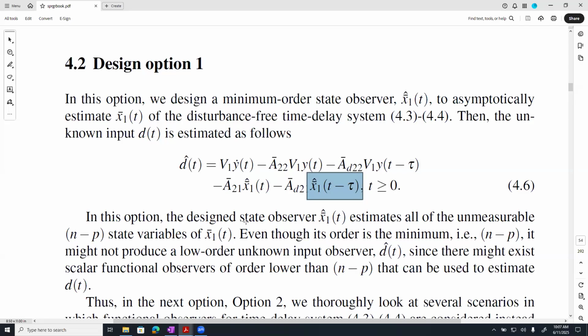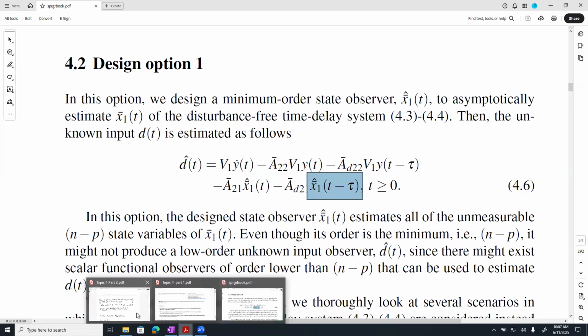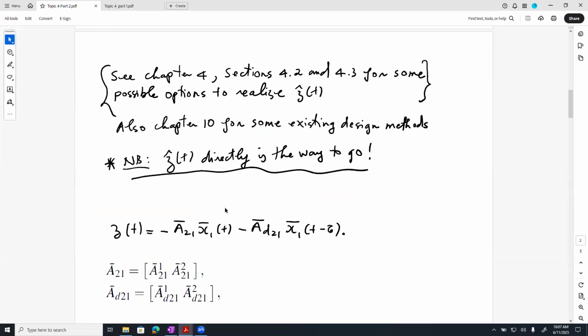If for some reason in our decomposition that term there is 0, and we want to estimate that thing, and we estimate x bar 1 of t first and then delay it, that observer might not exist. We will show that in a numerical example later on in topic 5 part 2. All right, so let's just move on.